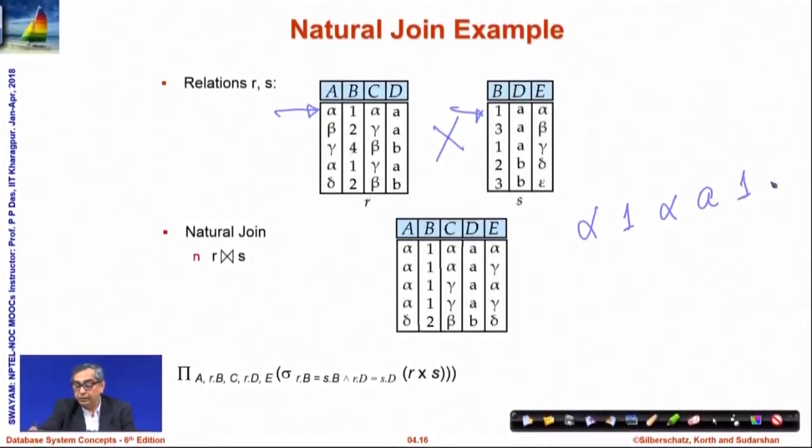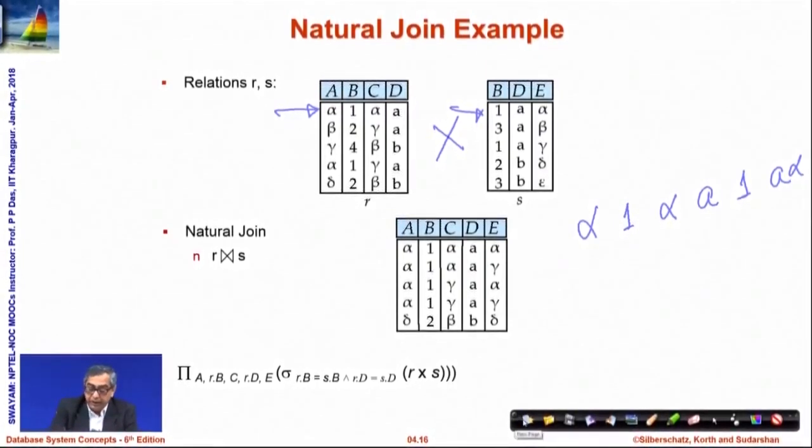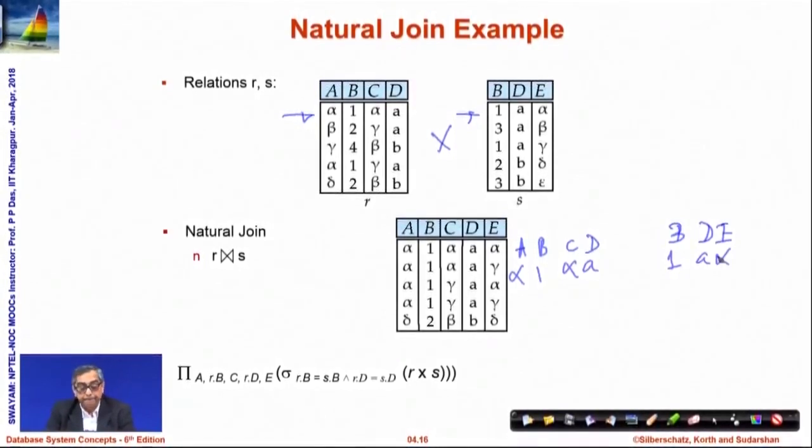I am looking at this row of R and this row of S. So, I have A, B, C, D from R, and B, D, E from S, with values alpha, 1, A, alpha and so on. They match on B and they match on D, so this will get retained.